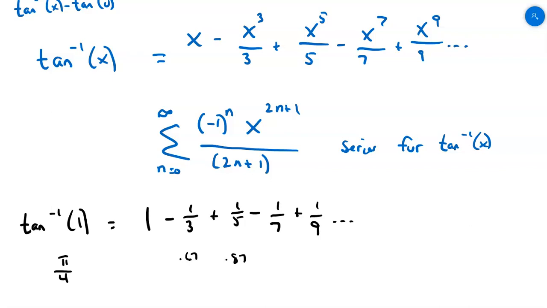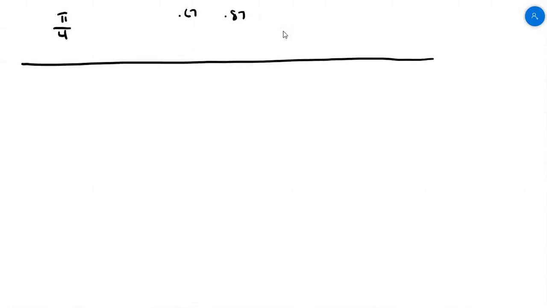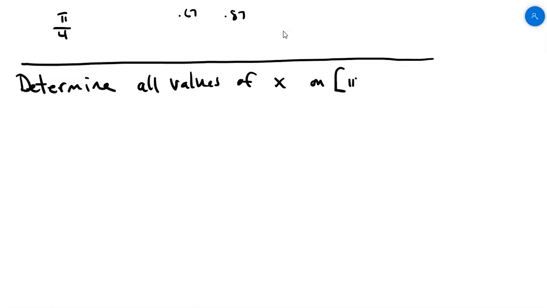All right, let's try one more sort of nice wrap-up problem that involves series. So here's my question. I draw a nice big line segment across here. Determine all values of x on the interval from pi to 2 pi for which this series converges.